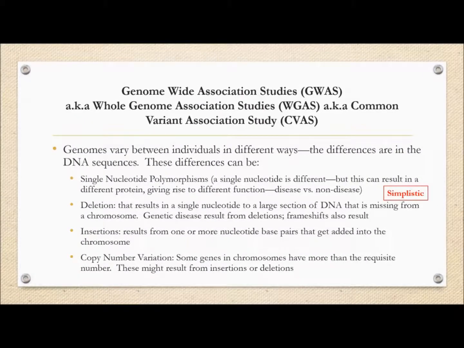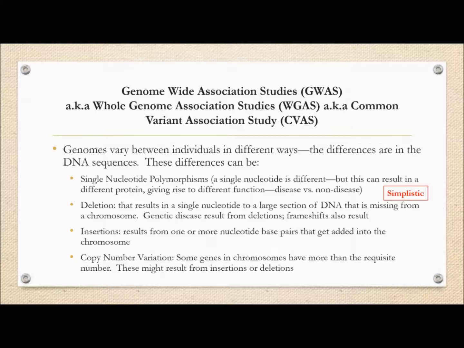Okay, so the idea that a single nucleotide polymorphism, for example, can result in a disease was obviously simplistic, because now we begin to understand that you have SNPs in various parts of the genome, and these are then correlated, and a disease results from several SNPs and several other things coming together.